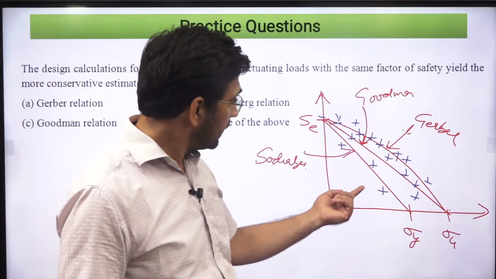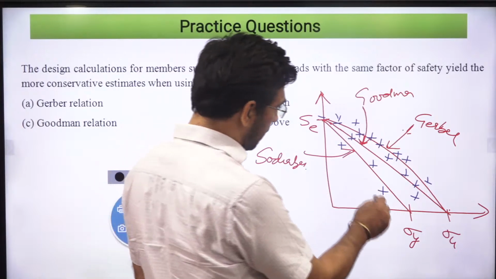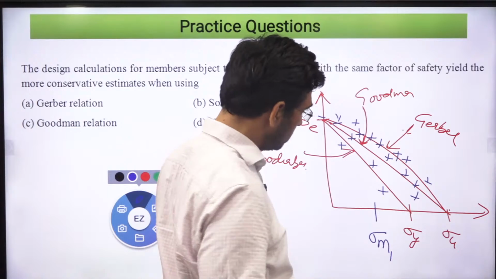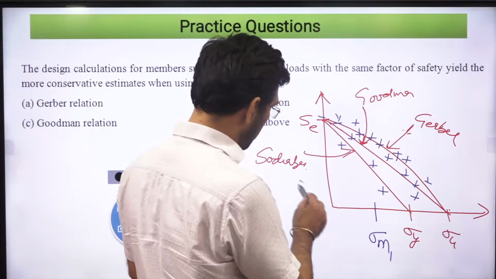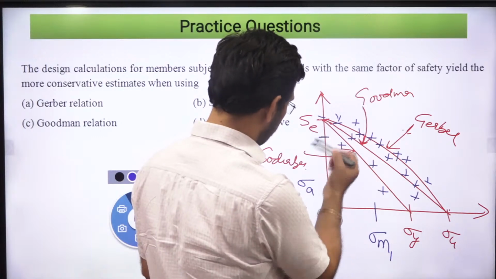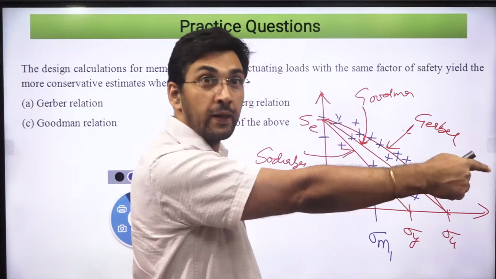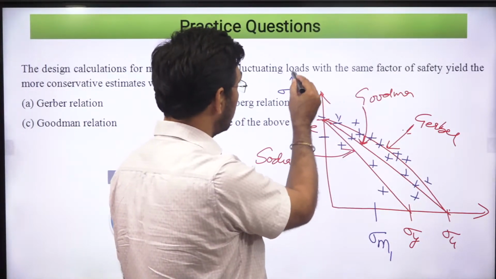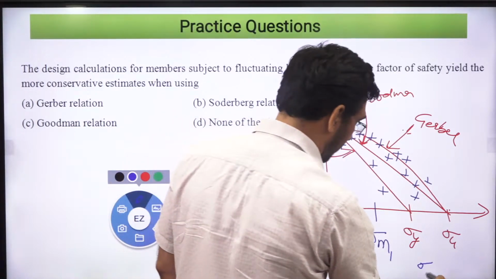Even when I am subjecting the component to the mean value of stress, let us say this one, and amplitude of stress, let us say this one. As you know, this graph is for stress amplitude. On this axis you have stress amplitude, on this axis you have the mean value of stress.